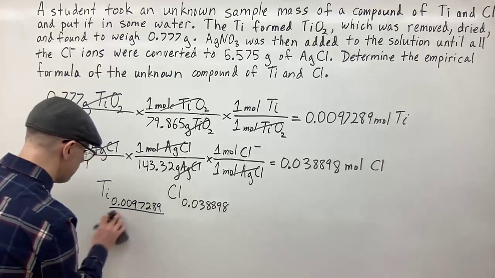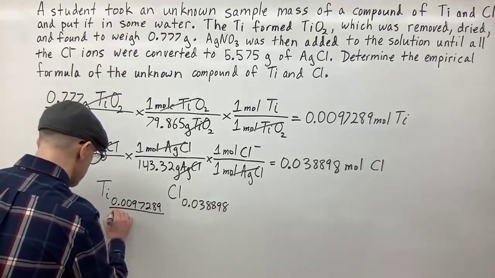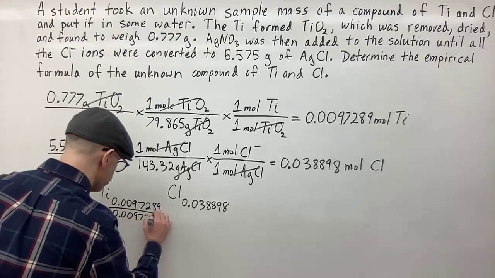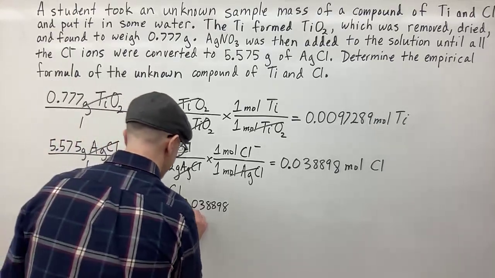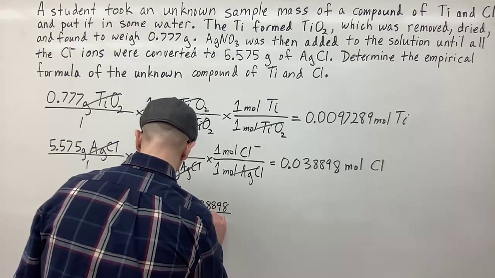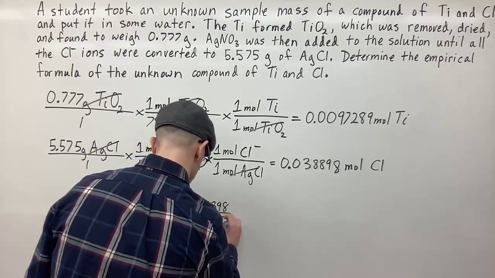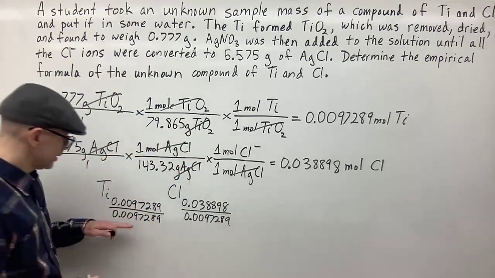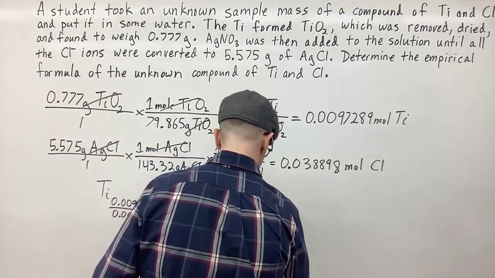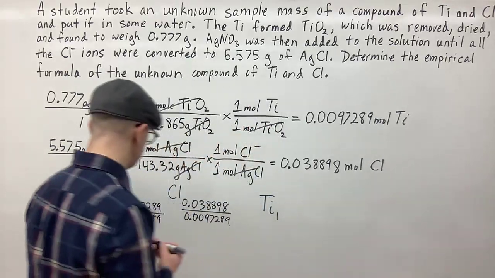That's why you want to divide by the smallest number. So it's going to be 0.009728. Divide this by 0.009728. Obviously, this is going to be 1, so I'm going to end up with Ti 1.